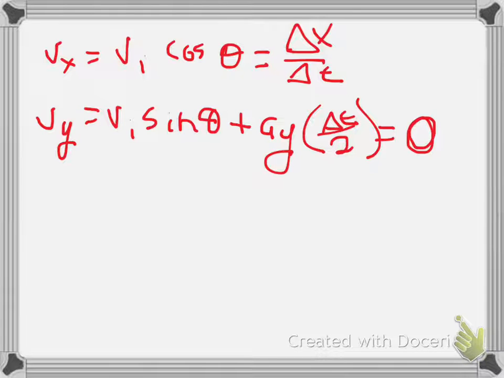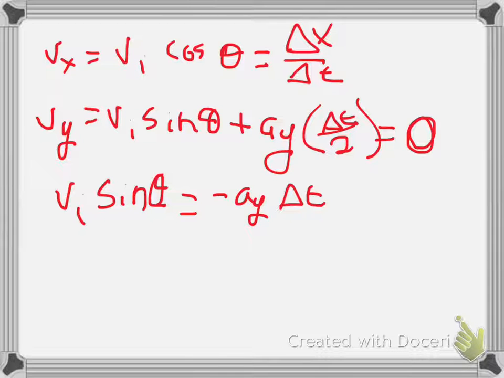Rearranging, we get initial velocity times the sine of theta is equal to negative acceleration of y times the change in time divided by 2. Okay, we're partway there now.